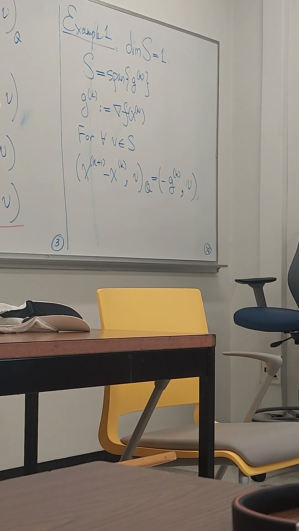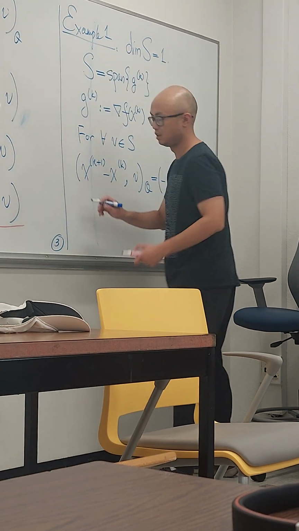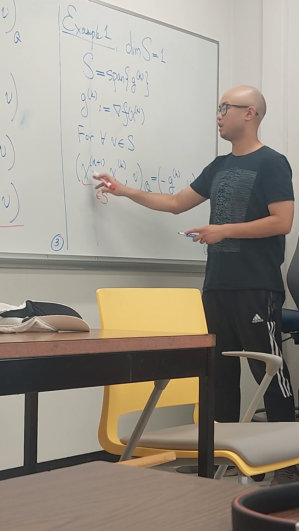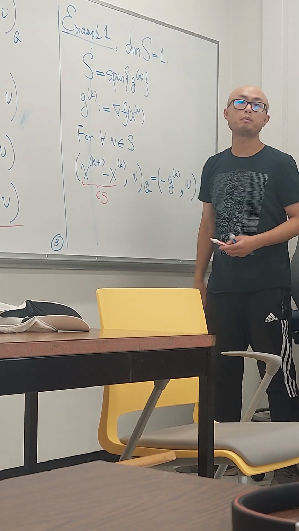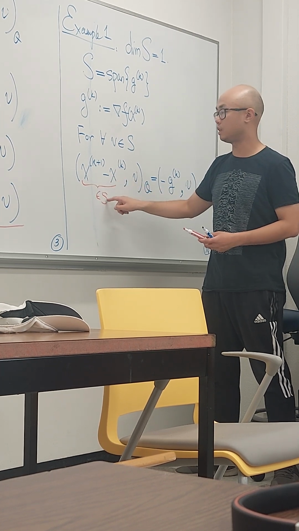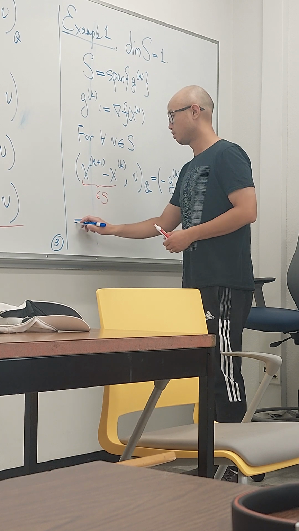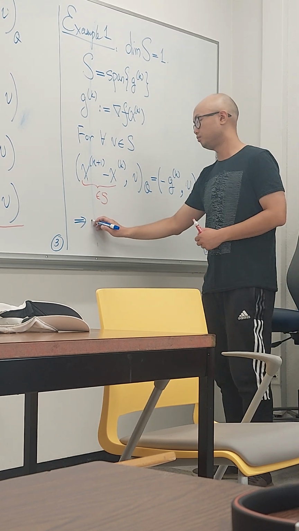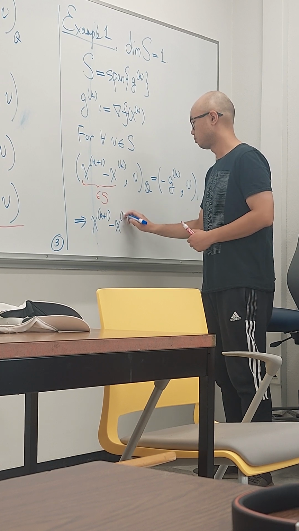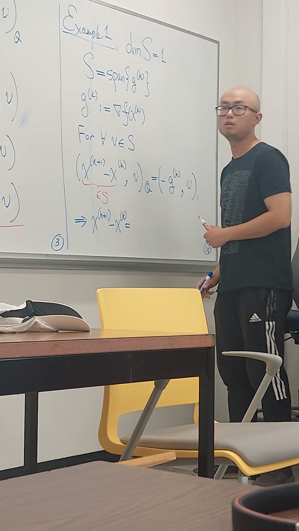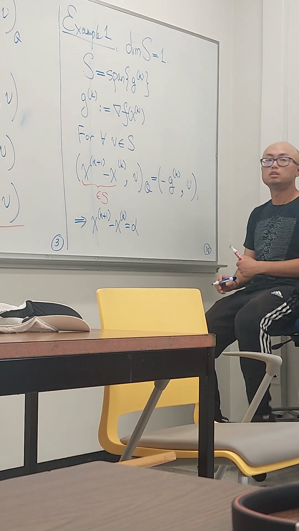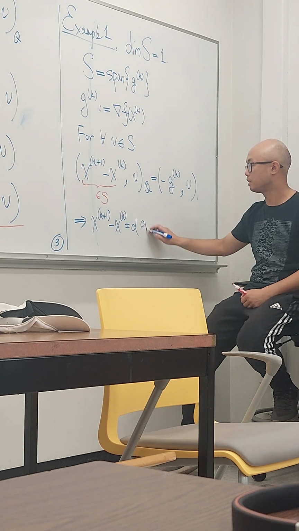Because we search in the subspace, the difference between our next iterate and the current one is in S. Let this be alpha times gk.